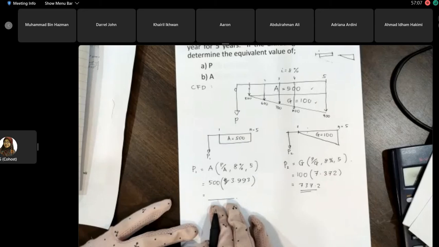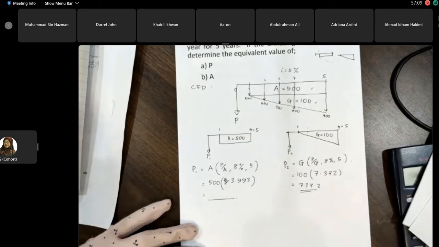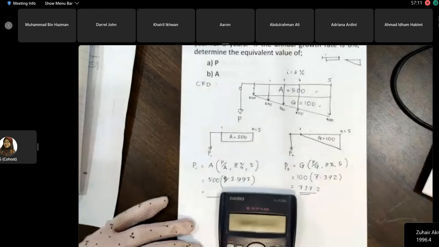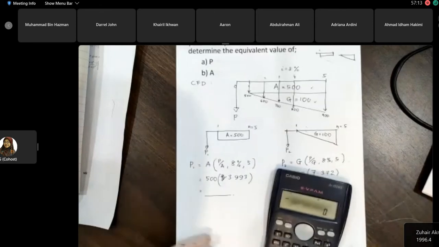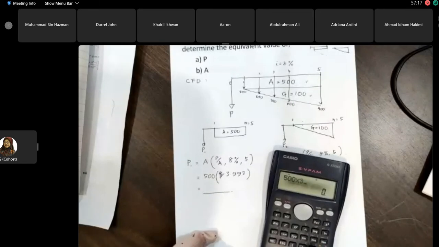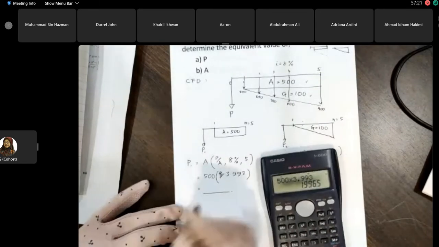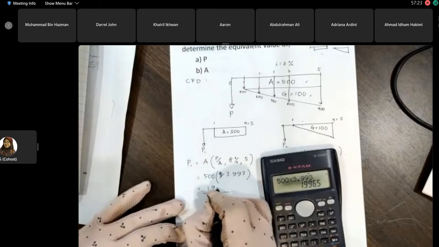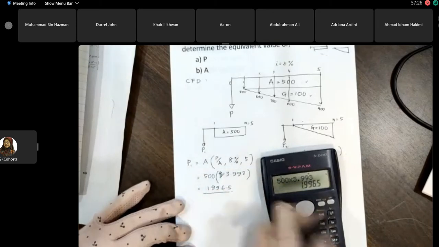What is the value here? $500 times 3.99. Okay, 1996.5.